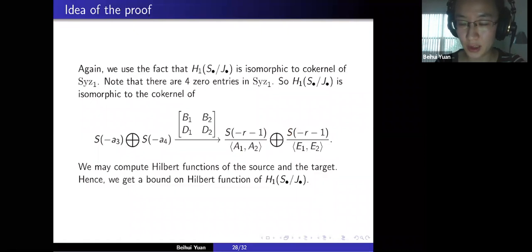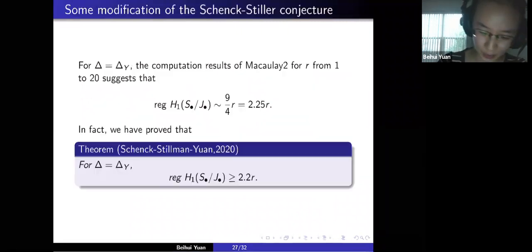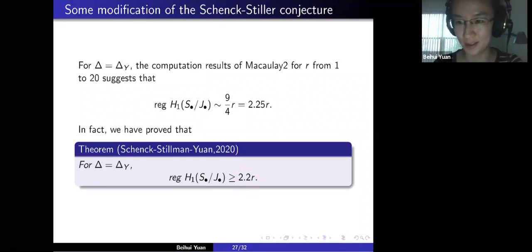So as a result, we know how to compute the Hilbert function of the target and also of the source. Therefore, we have a bound on the Hilbert function of the co-kernel, which is H1. And we actually get this one. But we really hope we can get this one because it appears in the experiment.